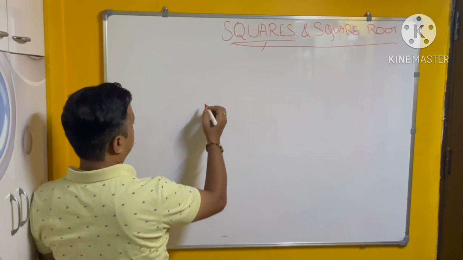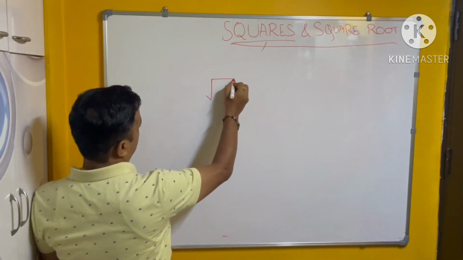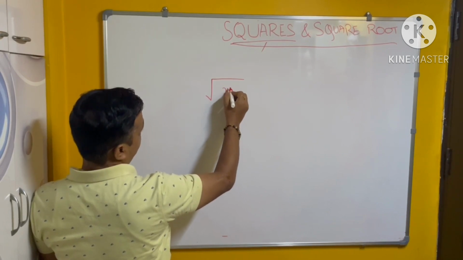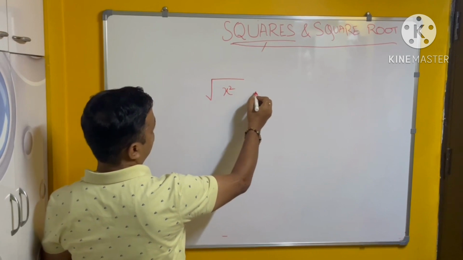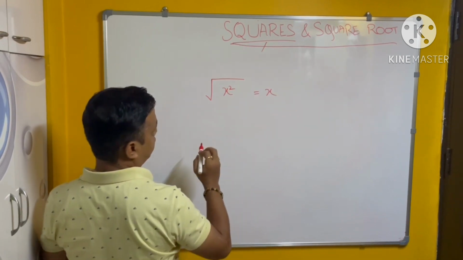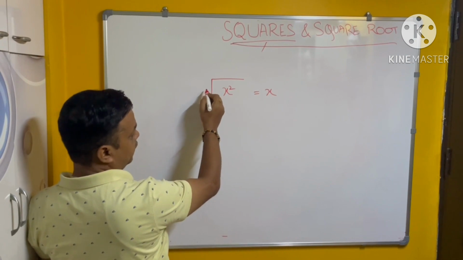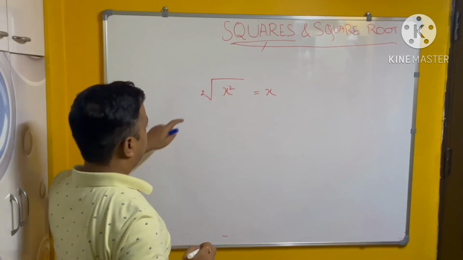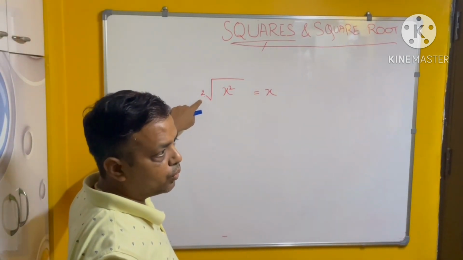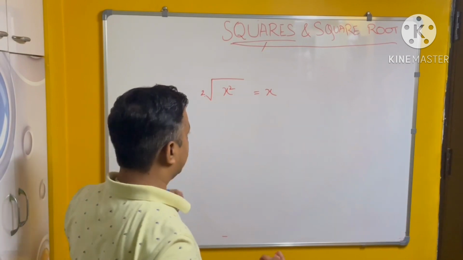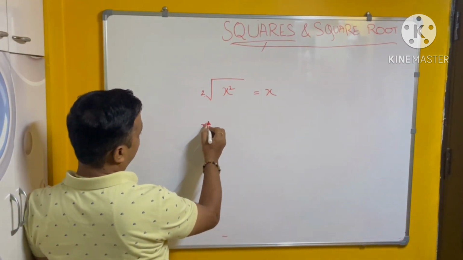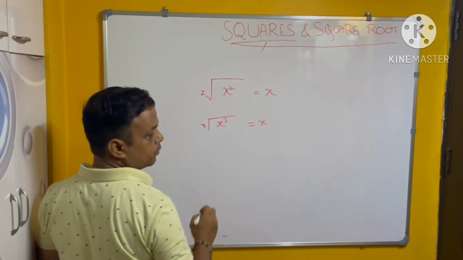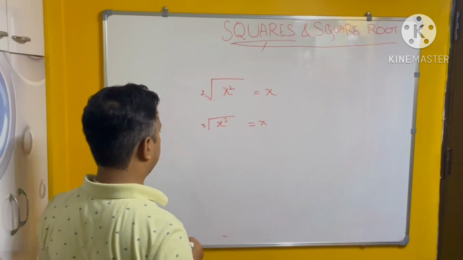Suppose here I have a number x squared, so its root will be x. When nothing is mentioned, by default it is 2, the square root. In the same way we have cube root. If x cube is there, then x will be the output.